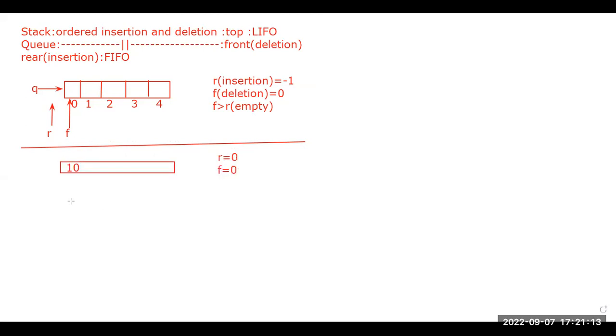So now this is your R, and this is your F. Both will be pointing to which location now? 0. Both will be pointing to 0 only. Yes or no?